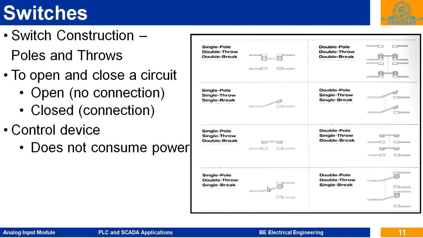Normally closed becomes open and normally open becomes closed when we press the throw to the other side. So based on the supply system, they are classified as single pole, double pole. Based on the number of sets of poles, they are called double throw or single throw, and based on how many breaks are there in the switches, they are called double break or single break. So this is the classification of switches or push buttons.